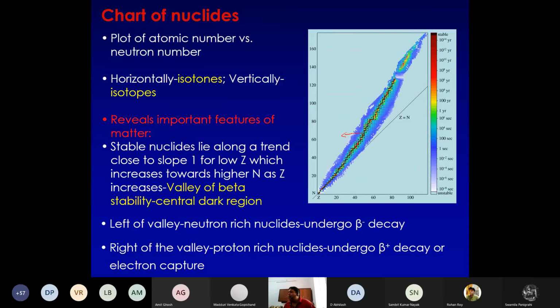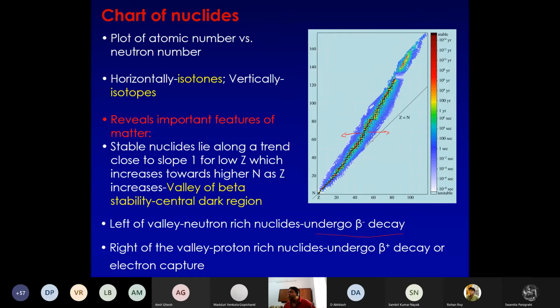These undergo what is referred to as beta minus decay. I will talk about these decays a little later on. And to the right of the valley of beta stability, you have nuclides which are proton rich, with a higher number of protons relative to neutrons.